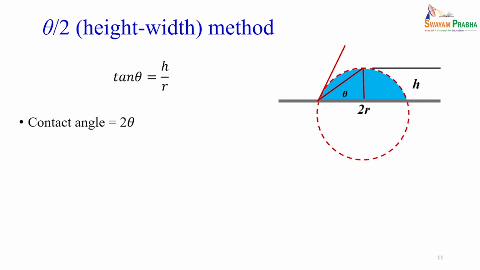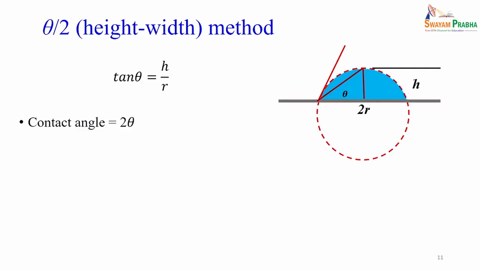Now, the second method is, as I was telling, if you have a camera attached to a computer and some image analysis software, it can easily calculate the value of h and this length. Let us say this is r, so the whole length will be twice r, and here we say this angle is theta. If you simply write tan theta, it will be h upon r.